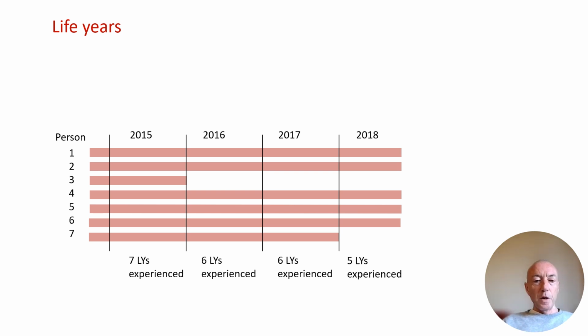You can see that when a person dies, the pink line ends. And so in the year 2015, for example, at the start, you can see that we had a total of 7 life years experienced because all of our 7 people were alive. 1 had died by 2016, and so therefore there were only 6 life years experienced in 2016, etc.